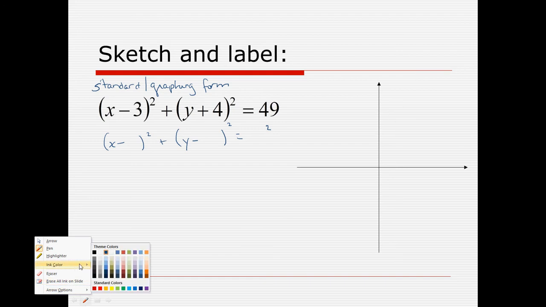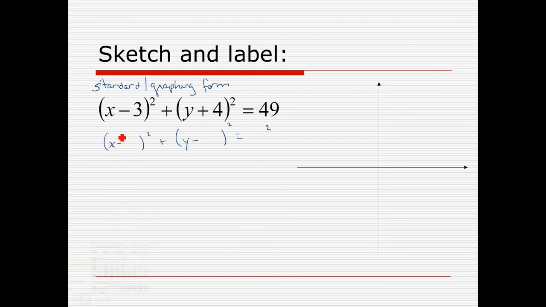So what do we have here? The x coordinate of the center is 3. The y coordinate of the center is not 4. What is it? The radius is not 49, it's an integer. So, center 3, negative 4, radius 7.